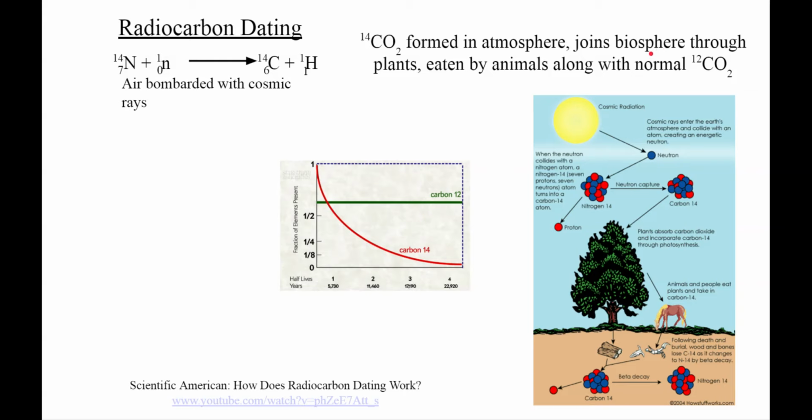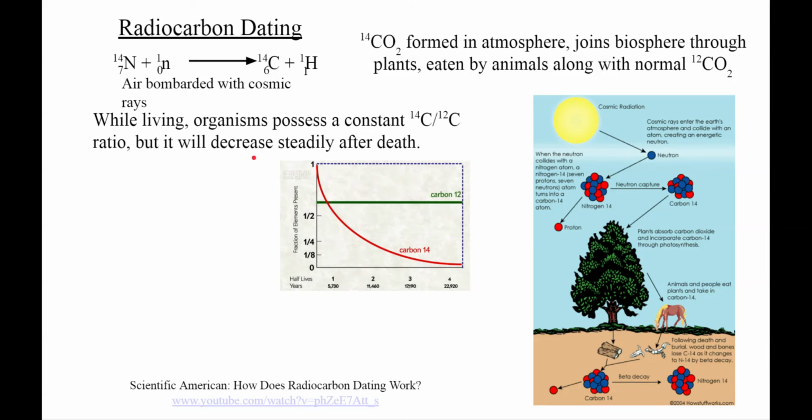Plants absorb it and use it through photosynthesis to build up starches and other stuff. We eat those plants, or we eat food that has eaten those plants, and you absorb this heavy CO2. Throughout your life, you will have a relatively constant ratio of carbon-14 to carbon-12.